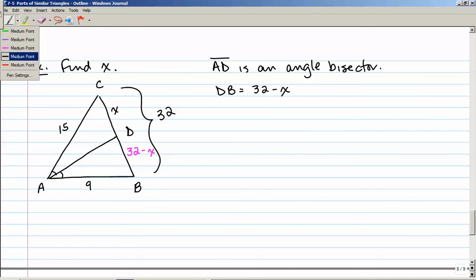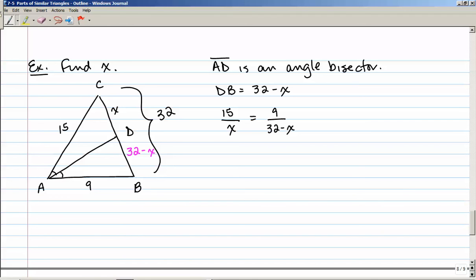Now I can set up a proportion. I can say, and there are a lot of different ways I could say this, 15 over x, so side over the segment, equals 9 over 32 minus x. So side over segment equals side over segment.